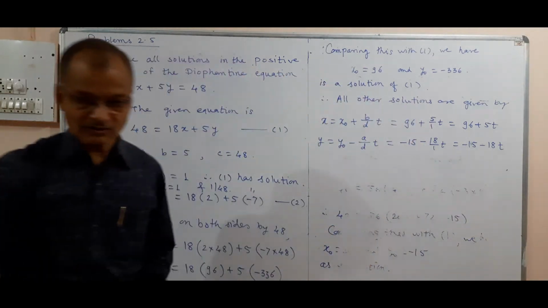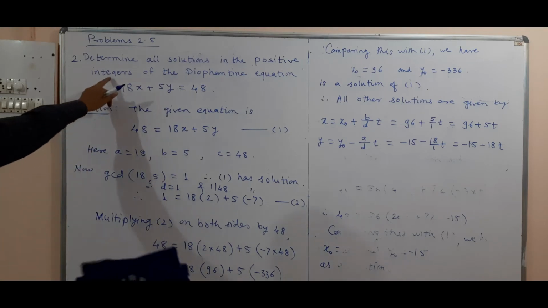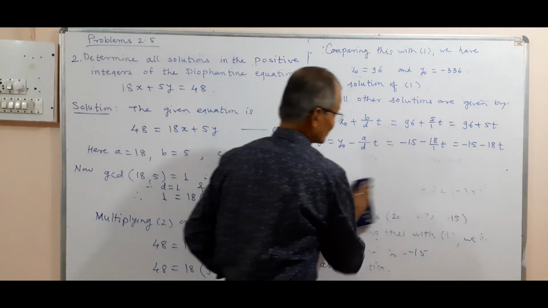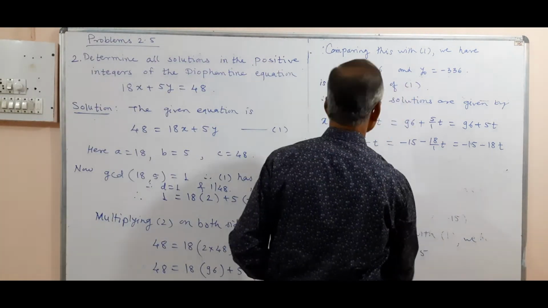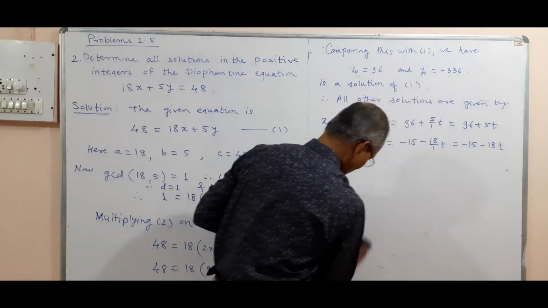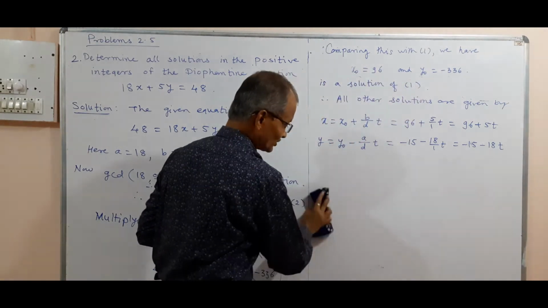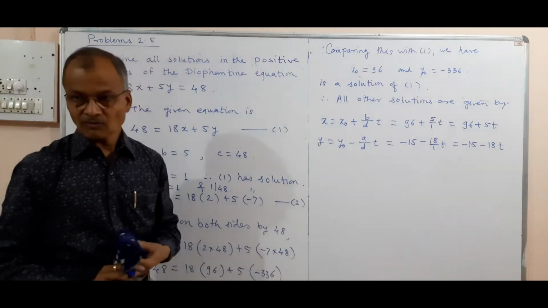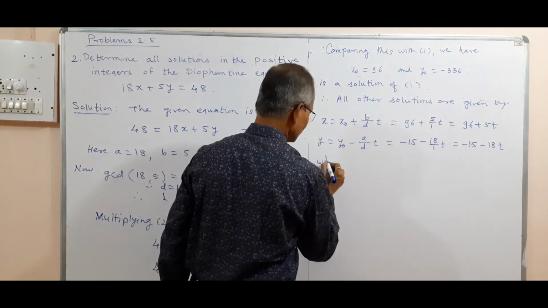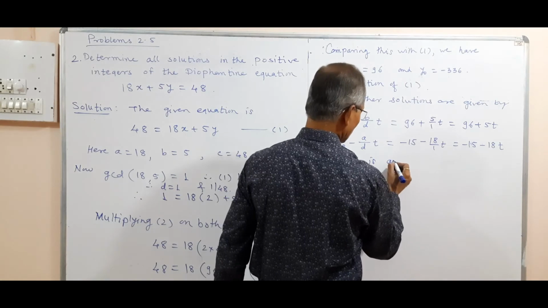So this gives all solutions, and now it is asked to find positive integer solutions. We need positive solutions. So one solution we have obtained is negative, but we want positive solutions, and t is any integer. There are infinitely many solutions. We select those which are positive solutions, where t is an arbitrary integer.